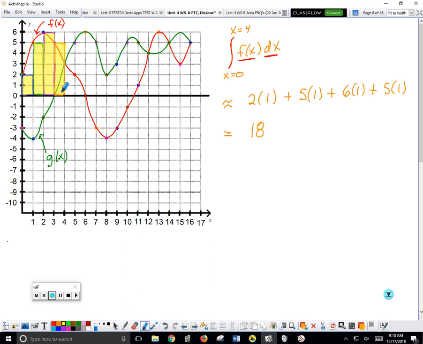We're using the yellow to approximate this red area. Apparently, red and yellow make orange. Kind of exciting. Okay, we're trying to find the red area, and the Riemann sum approximates that area.